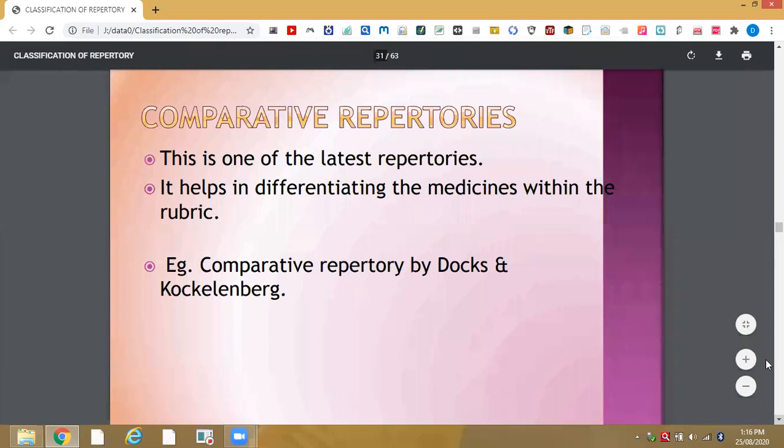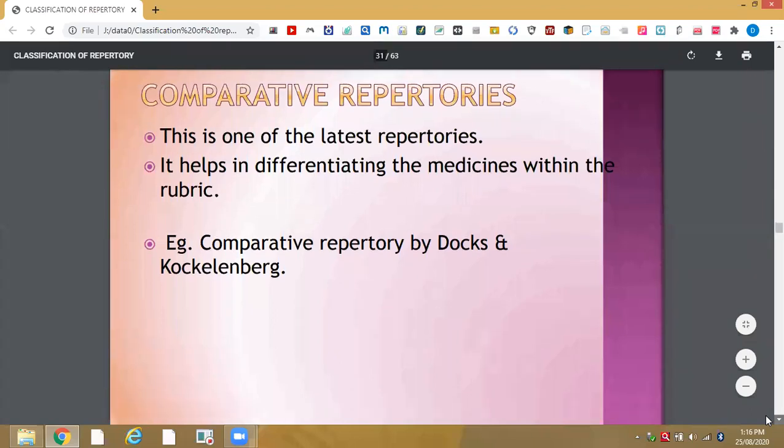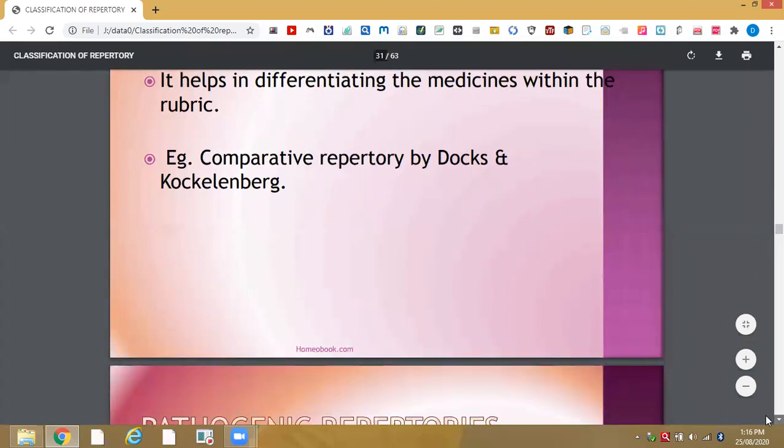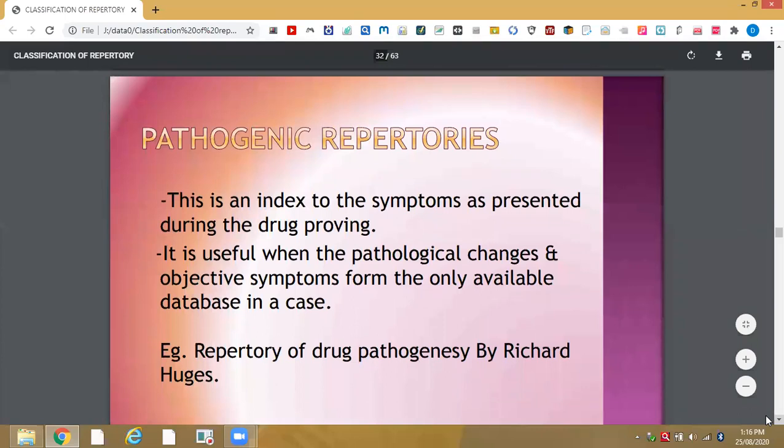This is the example of a comparative repertory, which helps us in differentiating the medicines within the rubric. So what is pathogenic repertory? This is an index to symptoms.